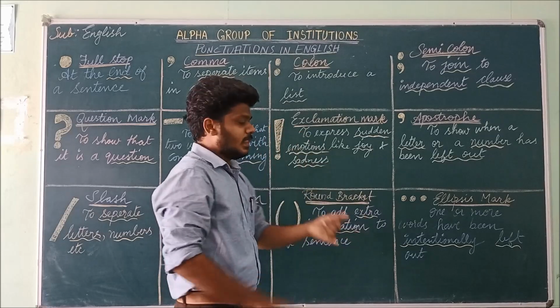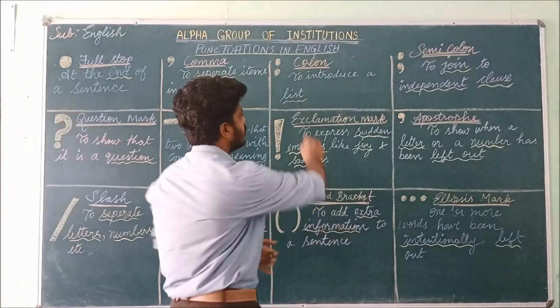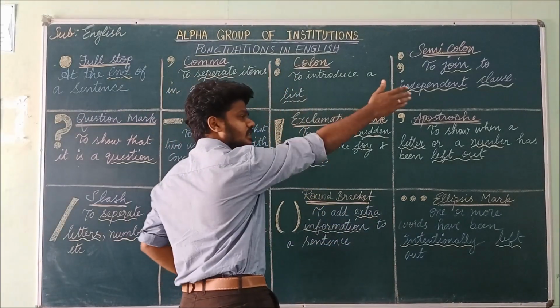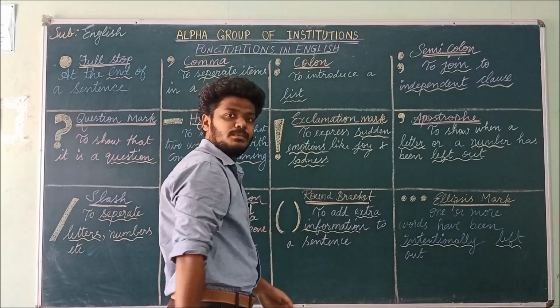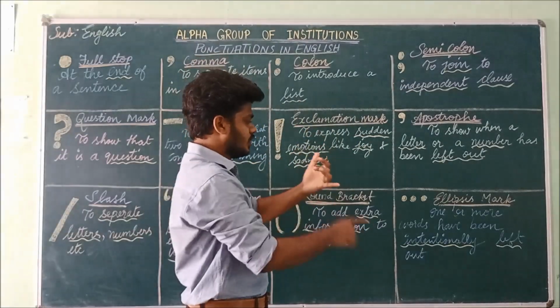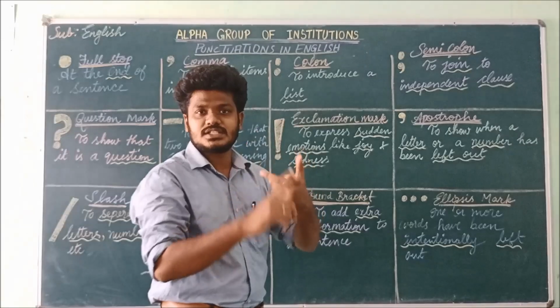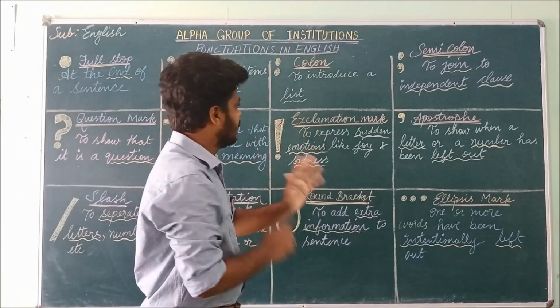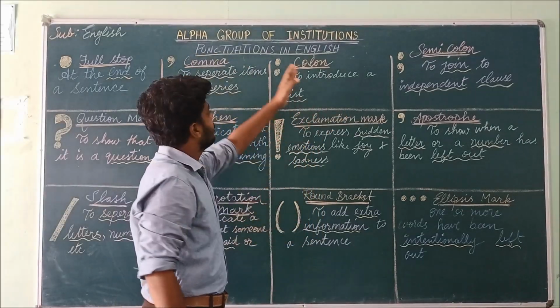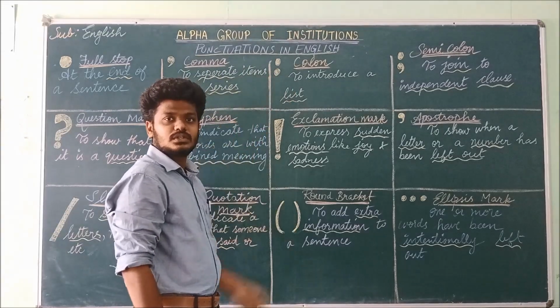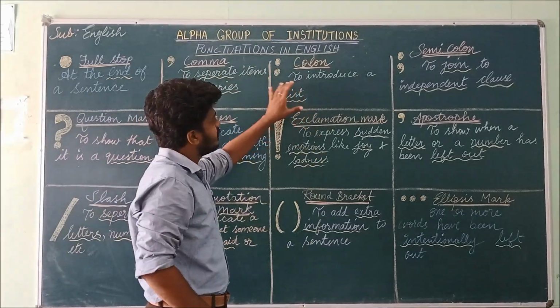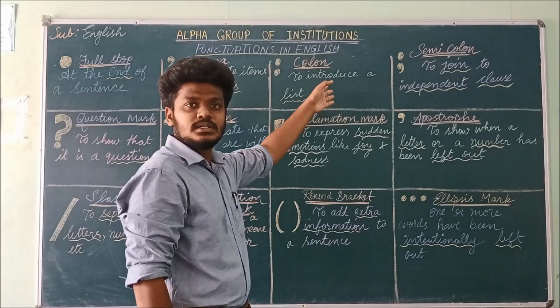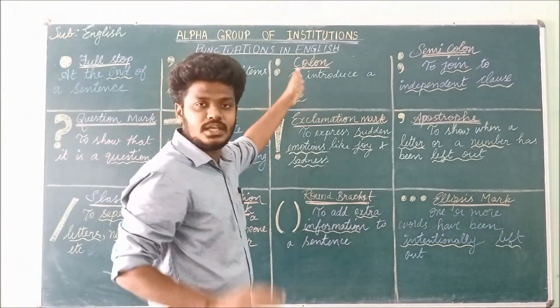For example, the boy bought colon, and we add the list of the things that the boy bought from the shop, like toys, vegetables, fruits, dresses, and electronic gadgets. So we can add the list by putting a colon before. Clear? So this is the purpose of using a colon in a sentence or in a passage in English.